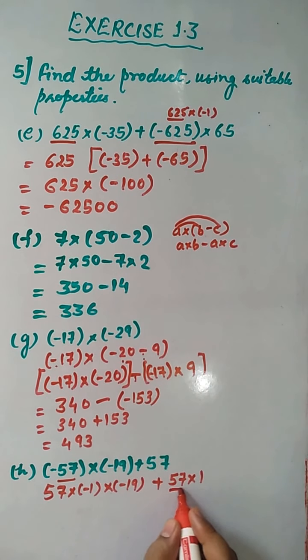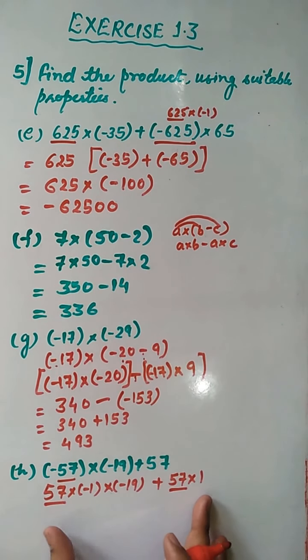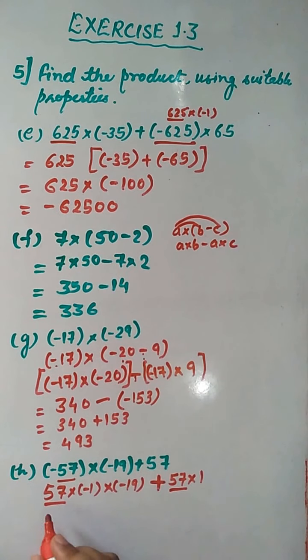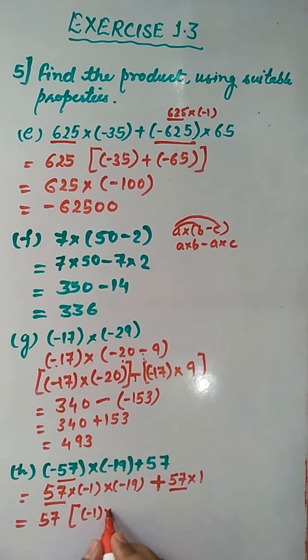Now I am going to take 57 common from both the terms. What do you mean by terms? When we separate it with positive sign. So 57 I have taken out. What is remaining inside? Minus 1 into minus 19 is remaining inside from this part, and from this part 1 is remaining inside. So 57 minus 1 into minus 19 is how much?